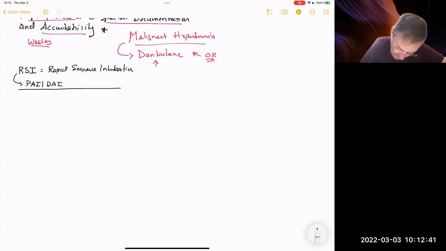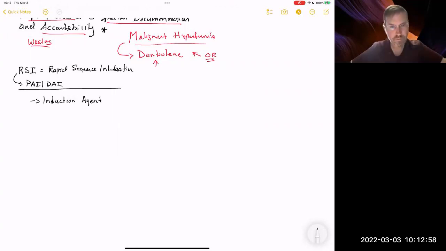But essentially, this is a tool where you administer an induction agent, something that causes a loss of consciousness, and then you administer a neuromuscular blocking agent we call a paralytic.